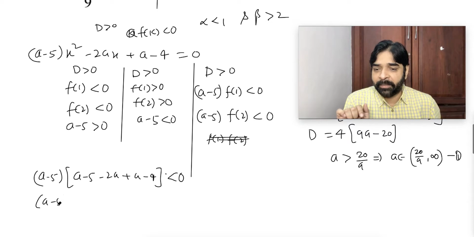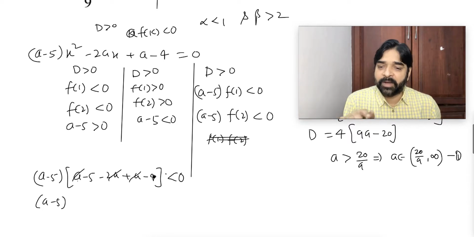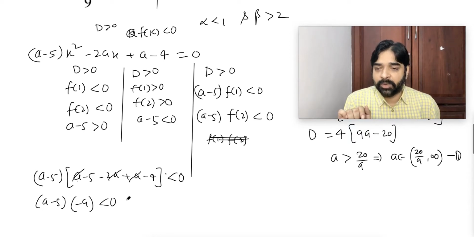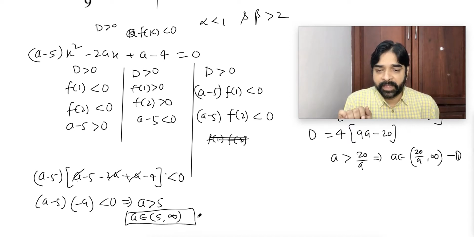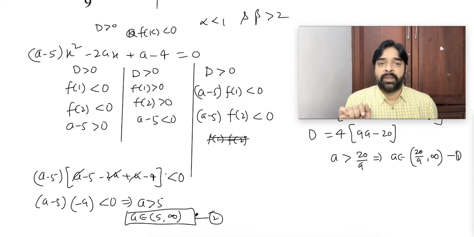Or you can say a minus 5, a plus a, 2a minus 2a, these two will get cancelled. Minus 5 minus 4, minus 9, minus 9 less than 0, or you can say a greater than 5. Have you understood this? Is it clear? Minus 9 will go this side, so the sign of inequality will change, and a greater than 5.